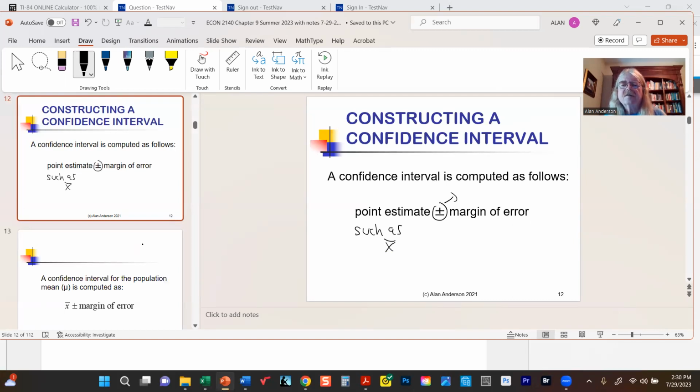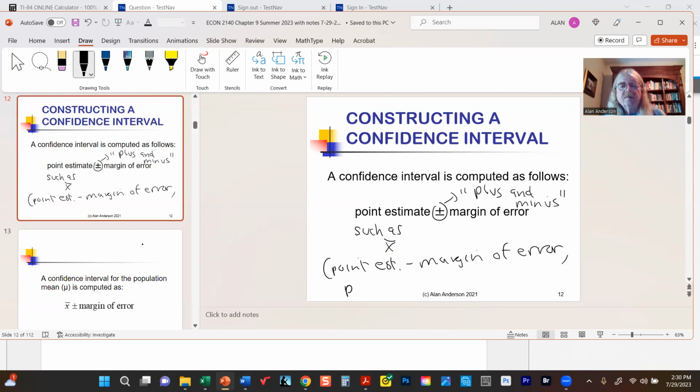This is the symbol for plus and minus. And that means you're going to wind up with the point estimate minus the margin of error as your lower limit, and then your upper limit will be the point estimate plus the margin of error.